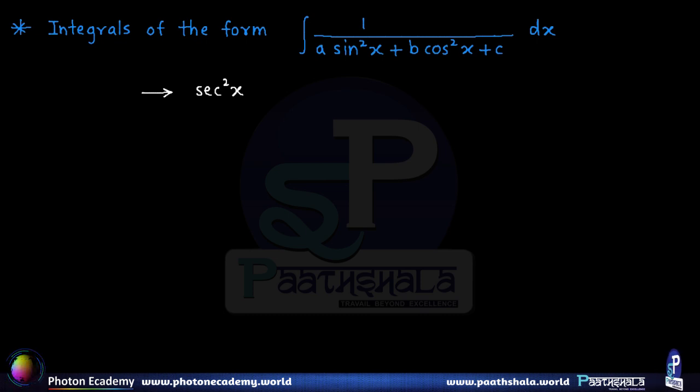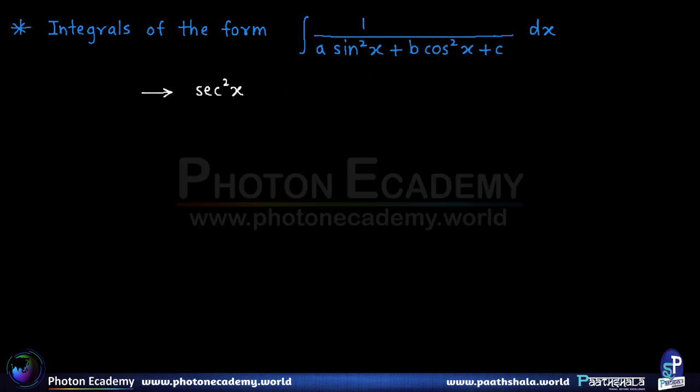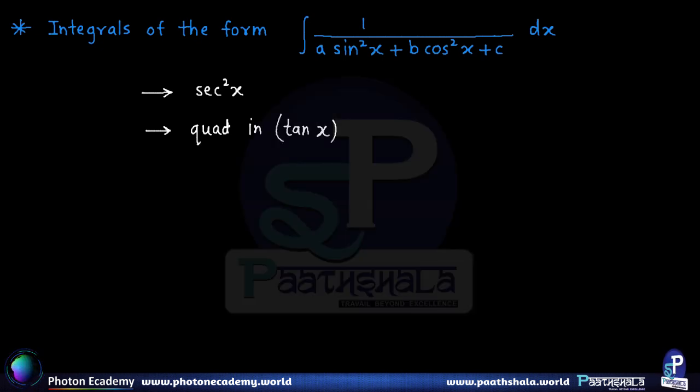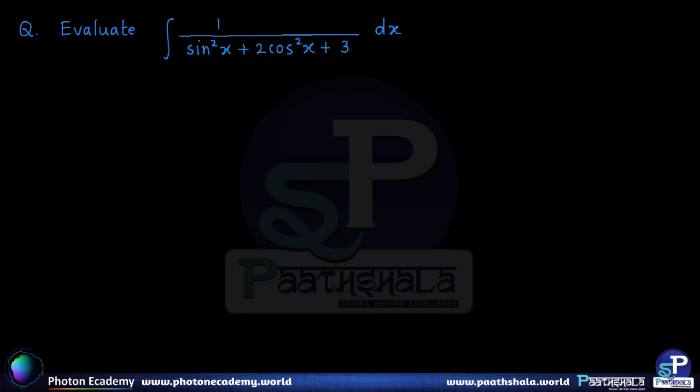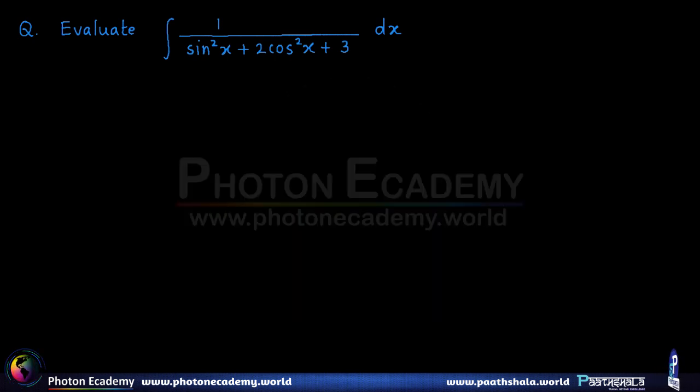Now on doing this particular step, the integral gets reduced in such a way that in the denominator we get a quadratic expression in the tan x, alright, and by substituting tan x with another variable, we will get an integral of the previously known standard types, which we solve by those methods. So let us see one example based on this type so that we'll have a better idea.